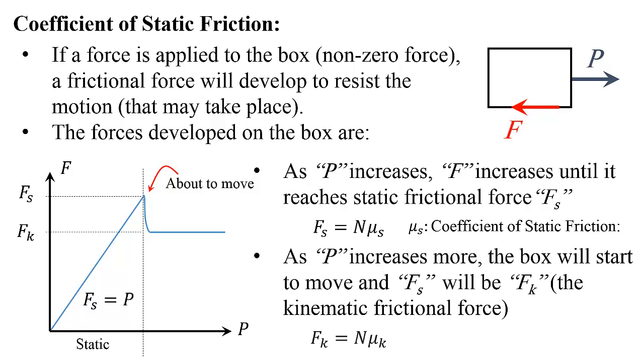Fk equals the normal force multiplied by mu k, and mu k is the coefficient of kinetic friction. By looking at this graph, I see that if the box moves, we're not in static mode anymore. That means we cannot use mu s, we should use mu k. But since we are dealing with static problems, we'll always use mu s.